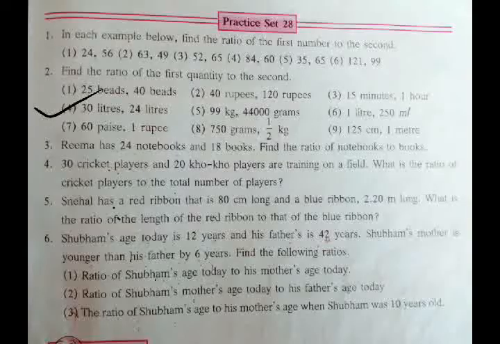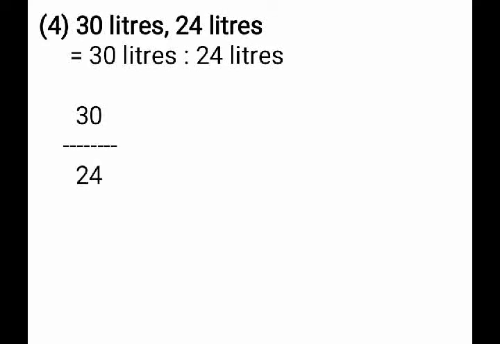Next, 30 liters, 24 liters. First quantity is 30 liters, second quantity is 24 liters. The ratio form of first quantity to the second quantity is 30 liters is to 24 liters. The fraction form of first quantity to the second quantity is 30 upon 24. Both number 30 and number 24 is going 6 table.